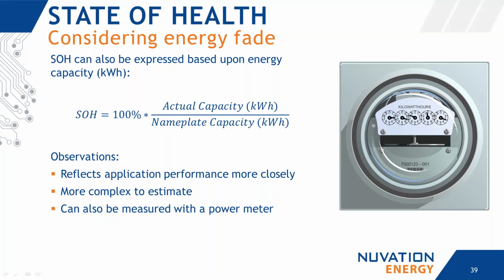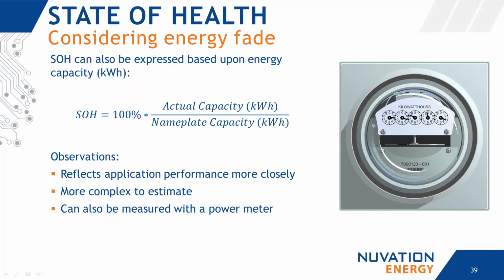And what we're doing now is we are rating the system based on its ability to deliver energy, which is really what we care about in our end application. So this is more complex to estimate, but a cool side effect of this is, there's a lot of power meters out there. You can do a test and you can get a read on what this SOH rating is for a battery system by actually doing a field test.